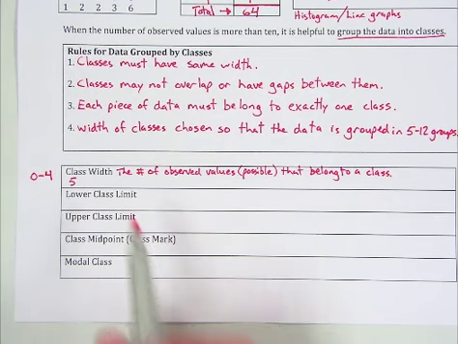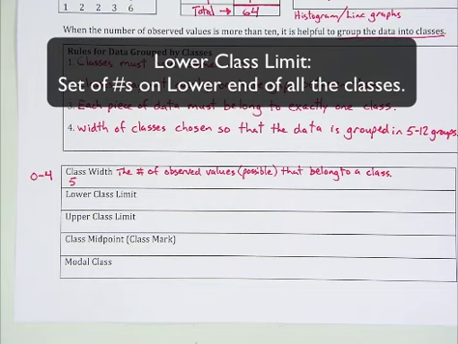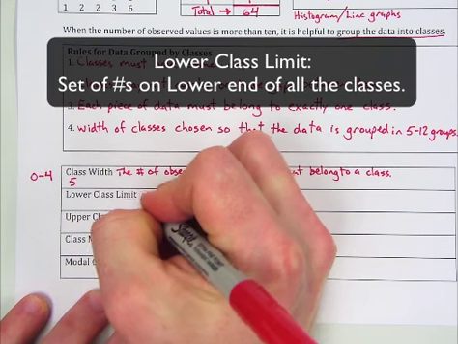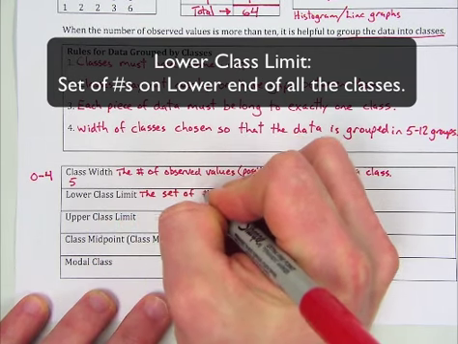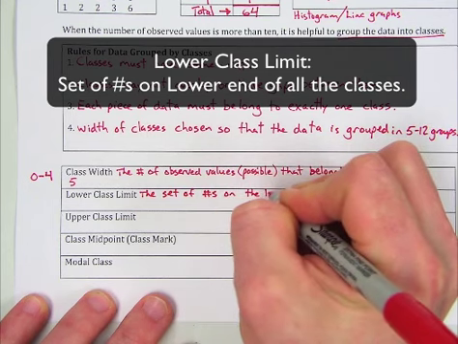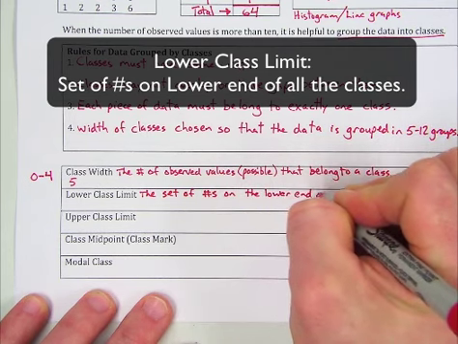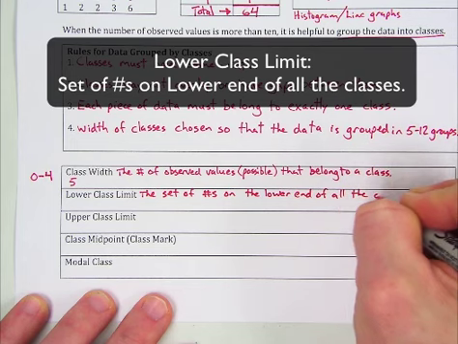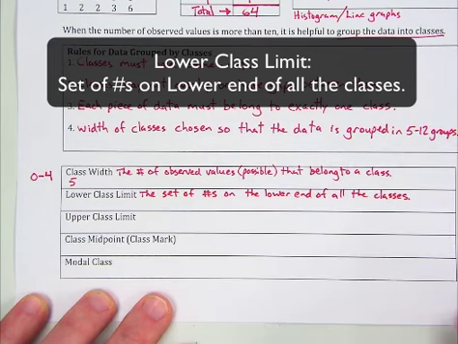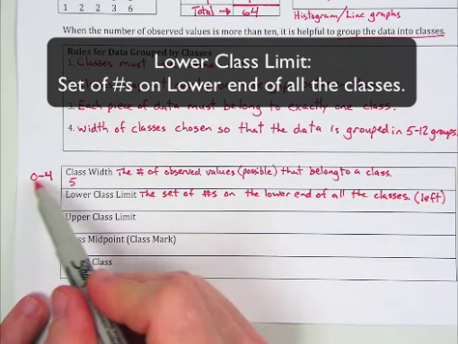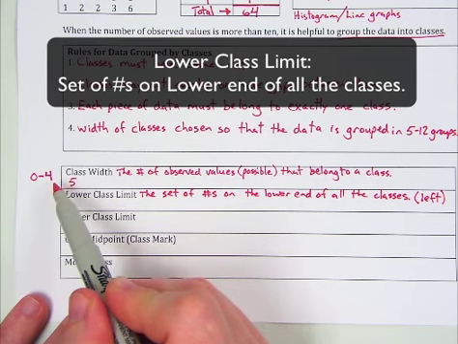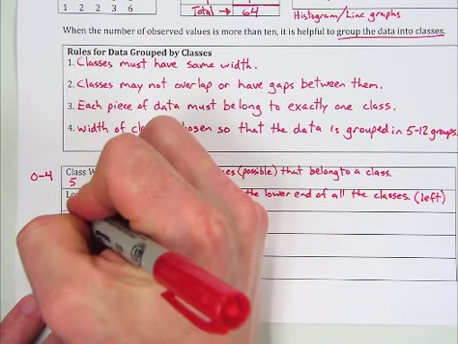Now the lower class limit, this is going to be the set of all numbers on the lower end of all the classes. Basically, it's the number on the left. So the lower class limit of this example, 0 through 4, is 0.